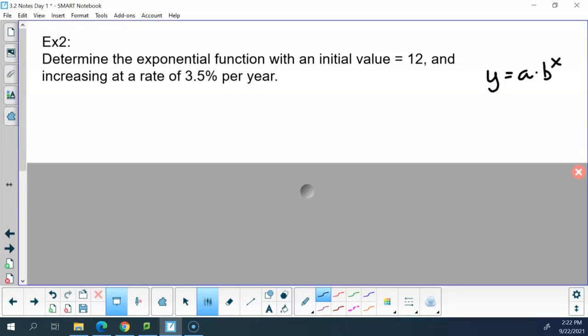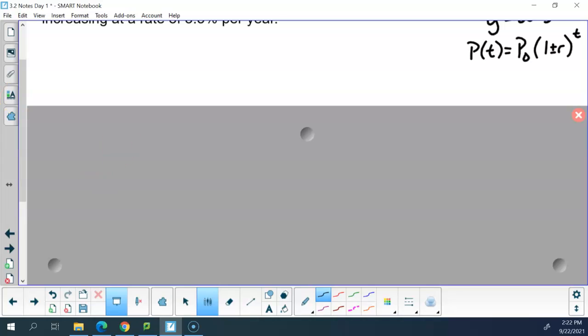Or, if we really wanted to go right above it, we could go P of t equals P sub 0 times 1 plus or minus r to the t power. Both of those are going to give us the exact same answer.